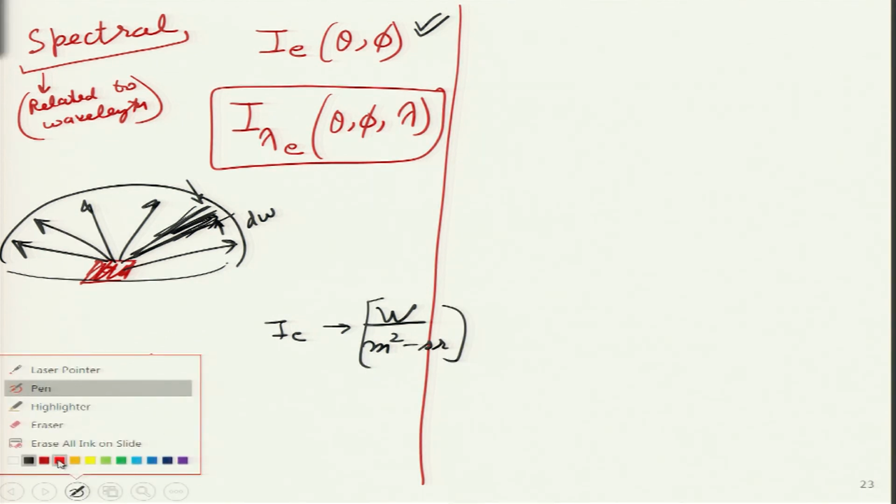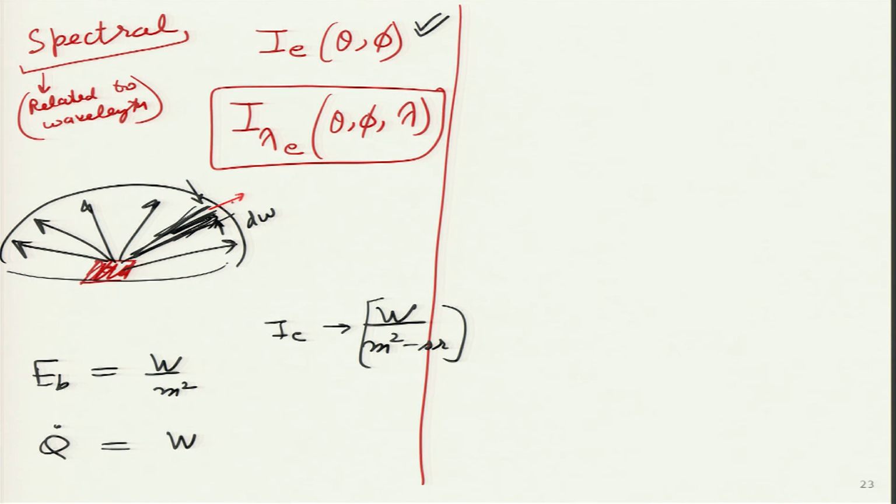And even within this particular radiation, I can ask that even in this solid angle, how much radiation is coming in the wavelength 0.3 micron, how much is coming in 0.1 micron, how much is coming in infrared 10 micron, which means then I will have this parameter, the spectral emitted radiation intensity, which will turn out to be in watts per meter square steradian per micron.